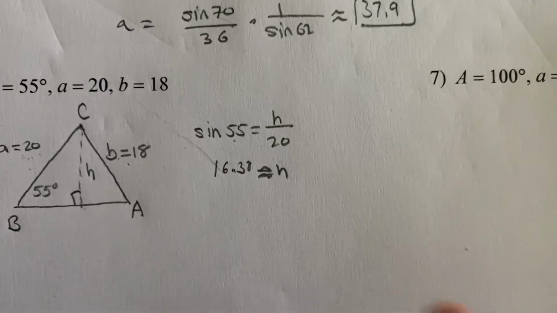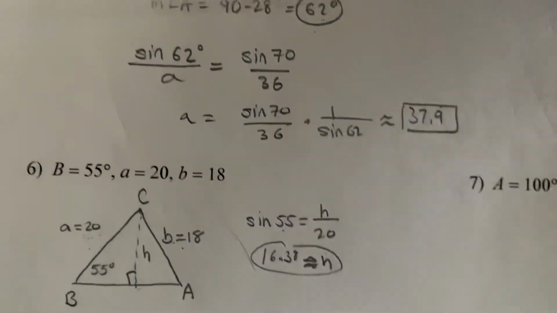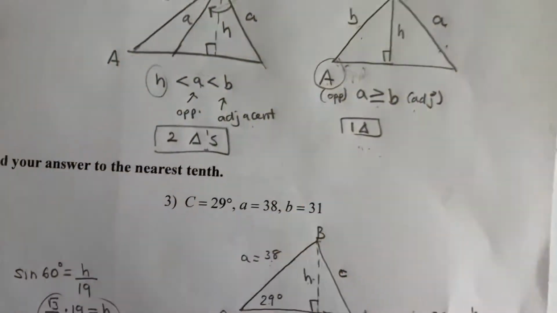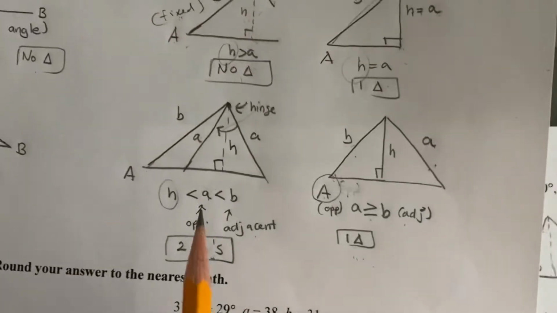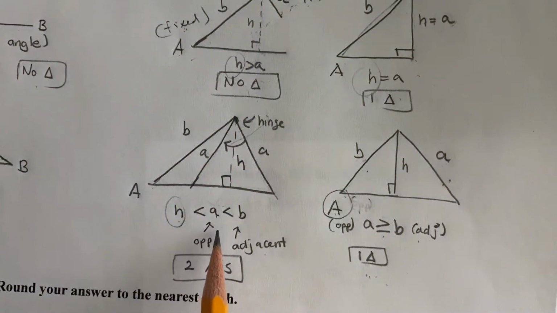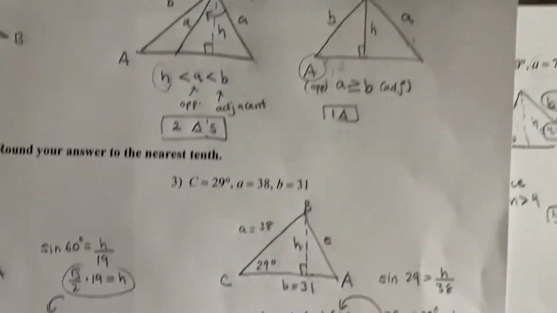Okay. So what does that tell us? Well, our height is less than the adjacent side.